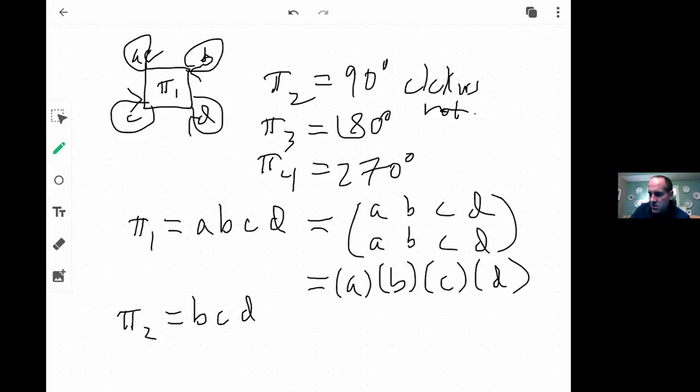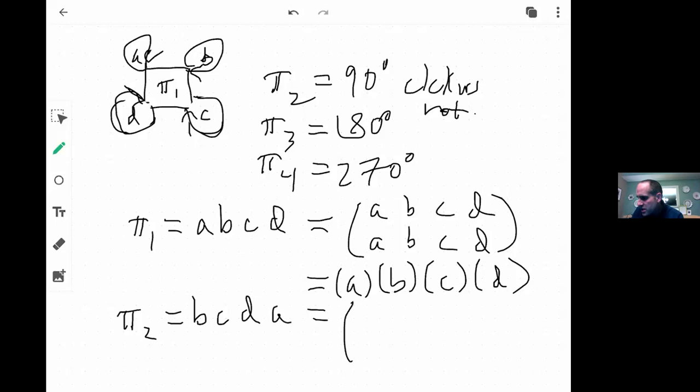Up here, I'm sorry, A, B, C, D. Sorry about that, a little typographical error. So A goes to B. That's why in the first position, that's the image of A. B goes to C, C goes to D, and D goes to A if we're in pi 2.